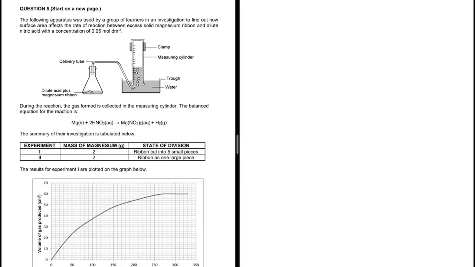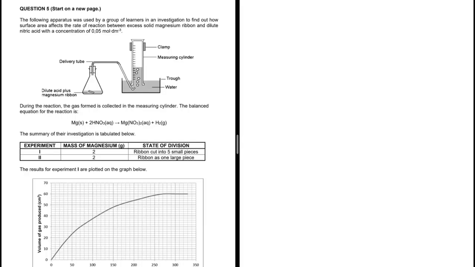We're going to calculate the number of moles of hydrogen gas, of which V is 60 times 10 to the minus 3. That times 10 to the minus 3 converts centimeters cubed to decimeters cubed. I must emphasize, because when you're converting centimeter to decimeter, it's not the same thing as converting centimeter cube to decimeter cube, right?